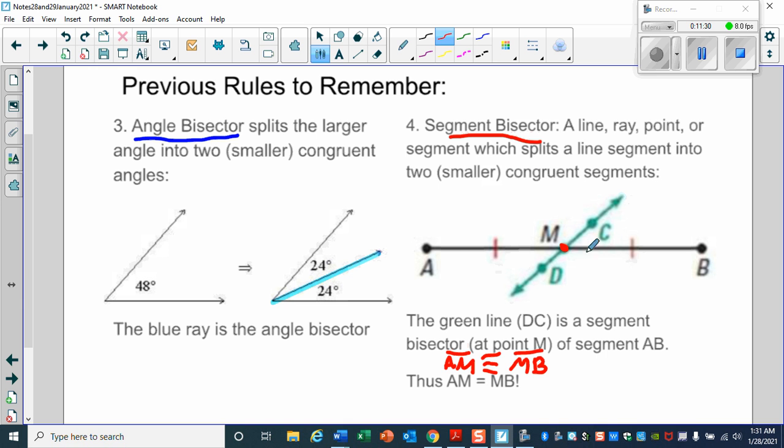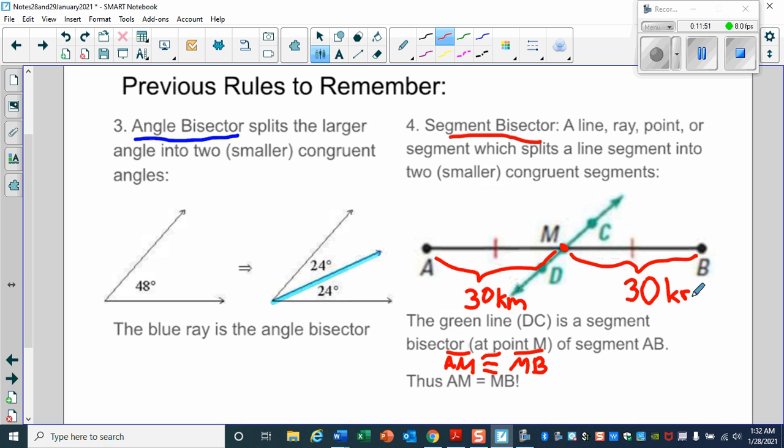So if, let's say, A to M is 30 kilometers, M to B must also be exactly 30 kilometers.